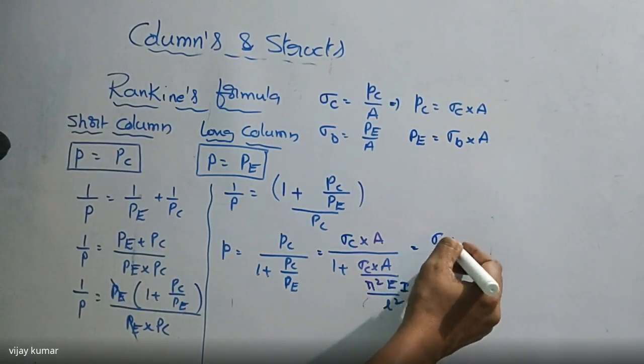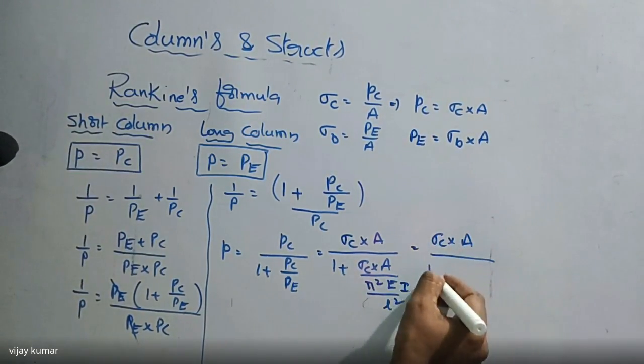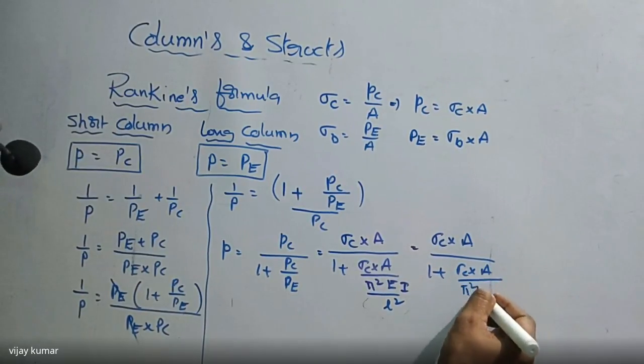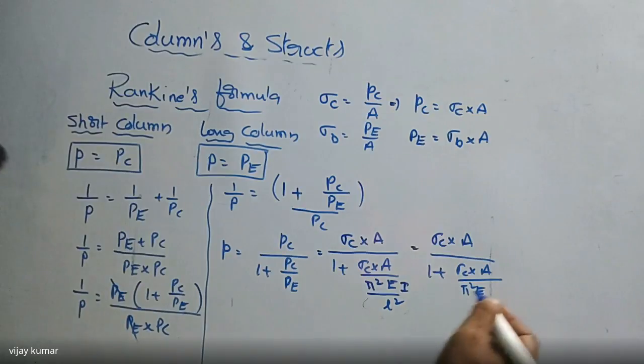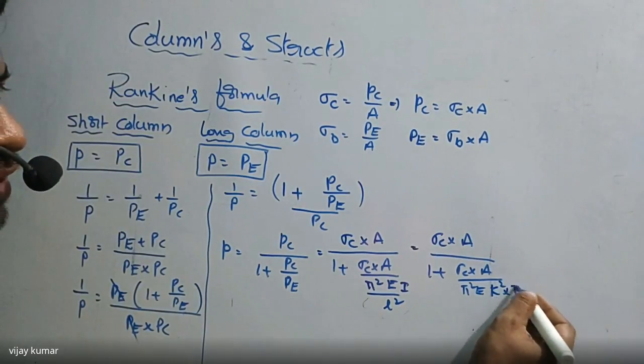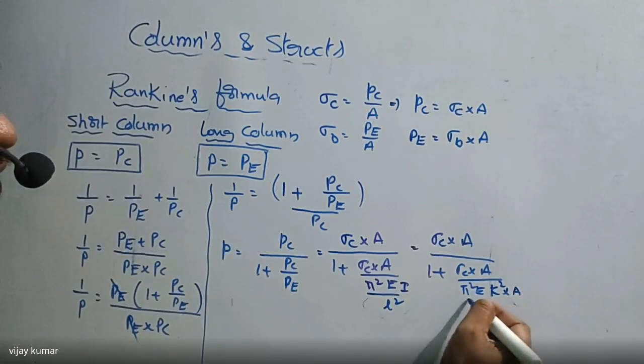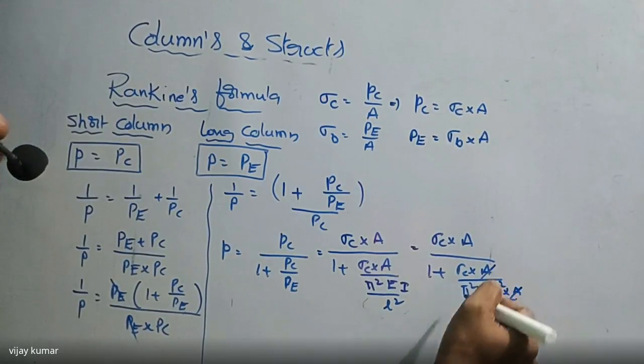That is sigma C into A divided by 1 plus sigma C into A divided by pi square into E, into I, that is K square into A divided by L square. So A, both are cancelled.